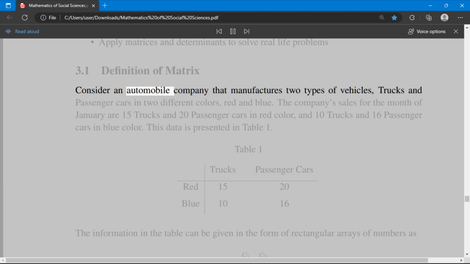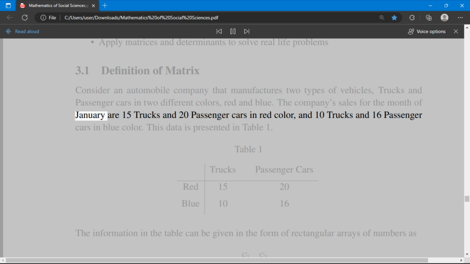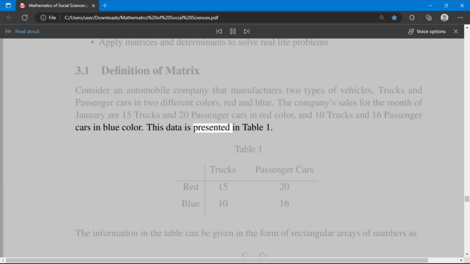3.1 Definition of matrix. Consider an automobile company that manufactures two types of vehicles, trucks and passenger cars, in two different colors, red and blue. The company's sales for the month of January are 15 trucks and 20 passenger cars in red color, and 10 trucks and 16 passenger cars in blue color.